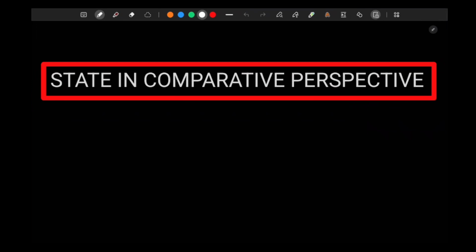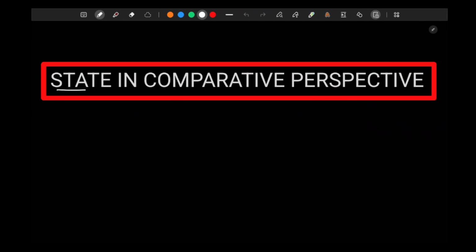So our primary focus will be on these three things: number one, to compare a particular system; number two, to see real world application; and number three, to see the changing nature, the evolution of a particular type of state. That is the idea. So let's start.